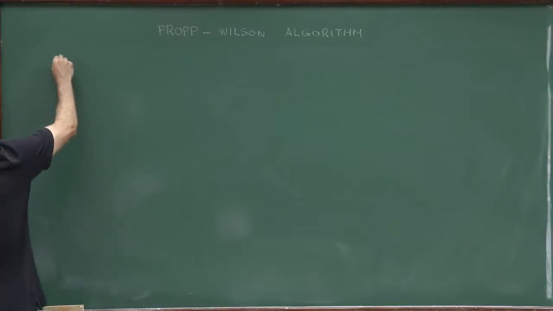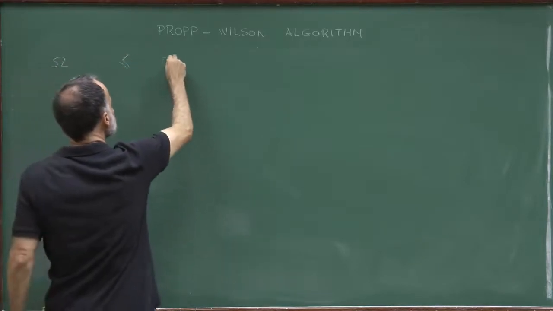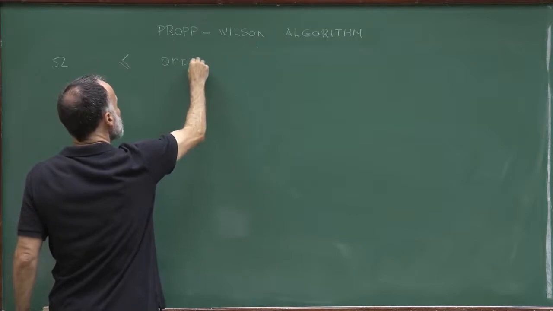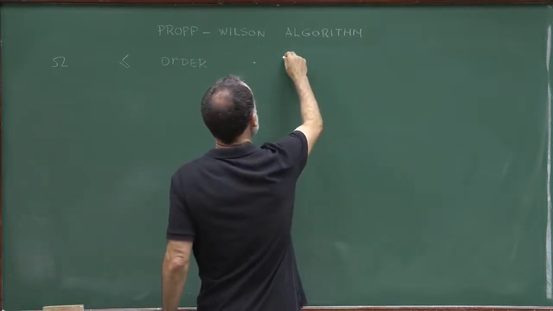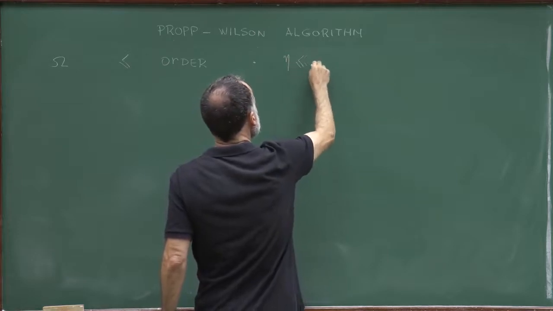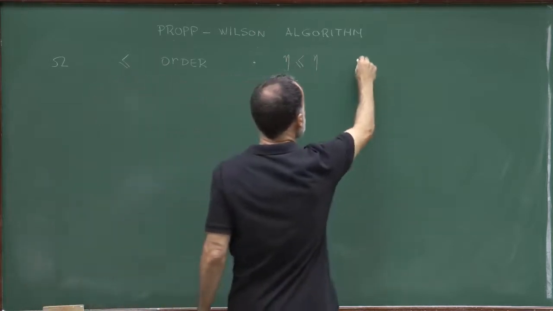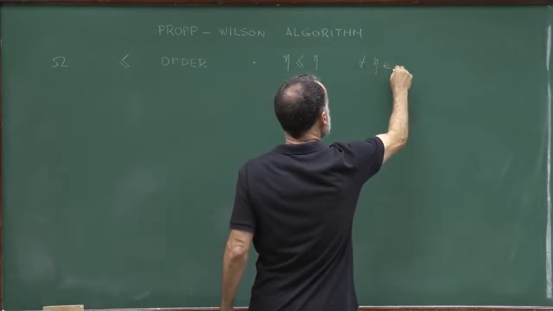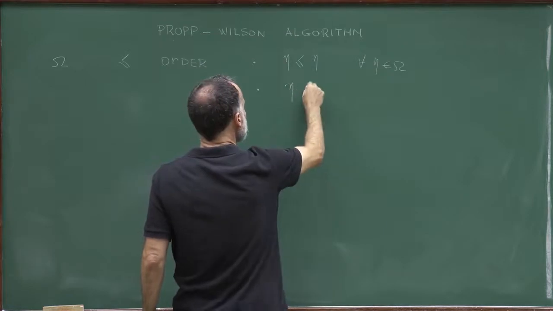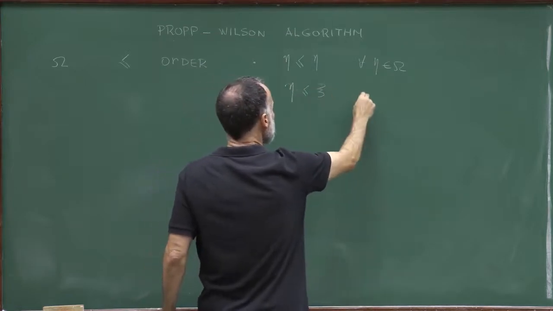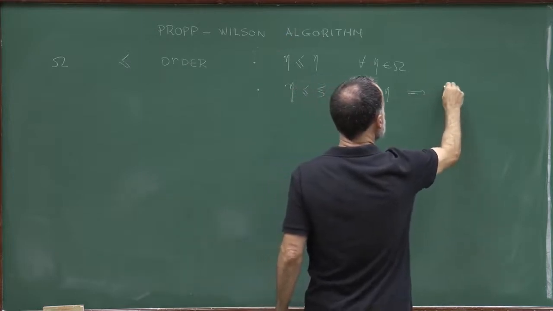So given our set omega, I'll say that this symbol is an order if the following relations hold. First, I'll ask eta to be less or equal than eta for all configurations eta in omega. Then I will require that if eta is less than xi, and if xi is less than eta, then eta is equal to xi.